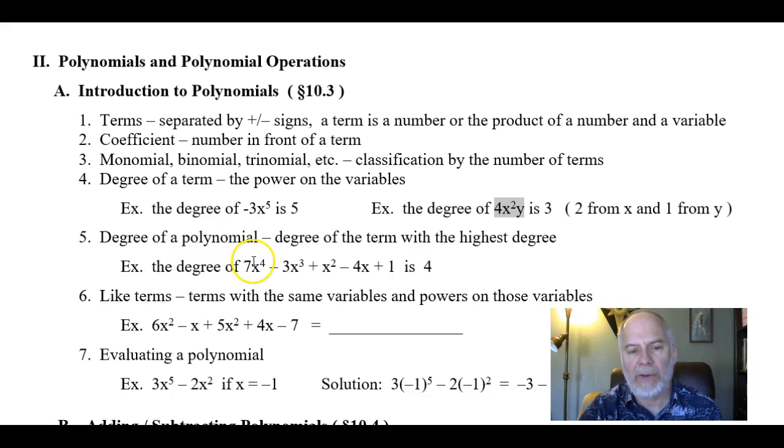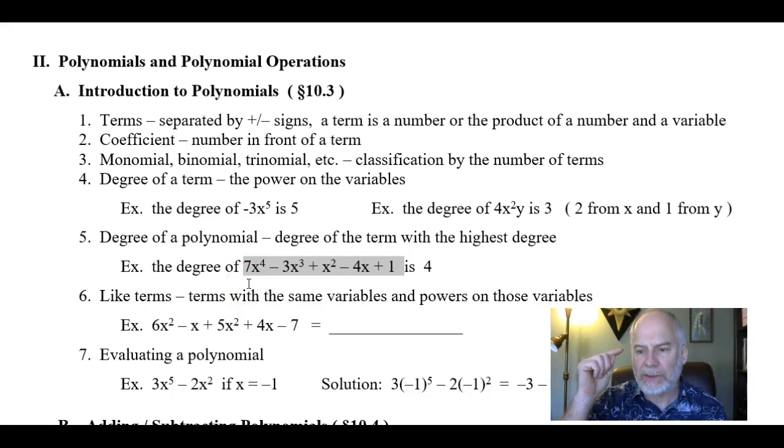But what if you have a whole polynomial, like this long polynomial right here? 7x to the 4th minus 3x to the 3rd plus x squared minus 4x plus 1. Well, you don't add up the x's. You just take whatever's the highest term in terms of degree, because that's the dominating term.